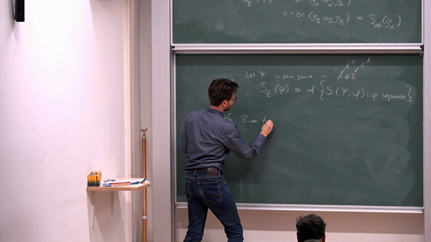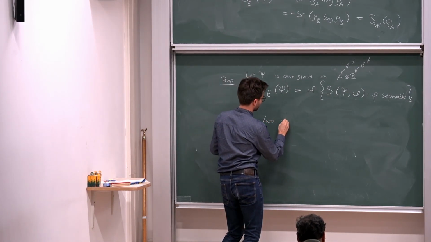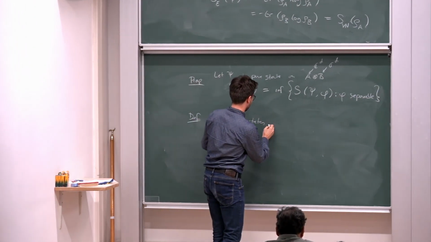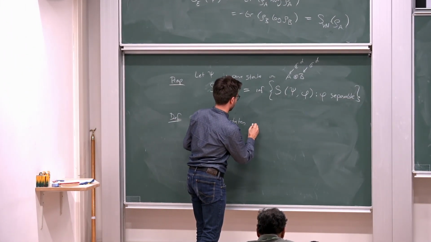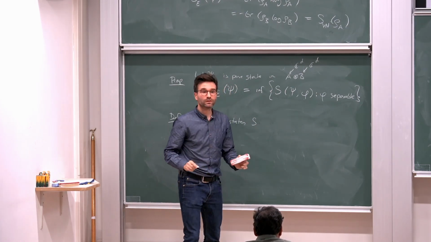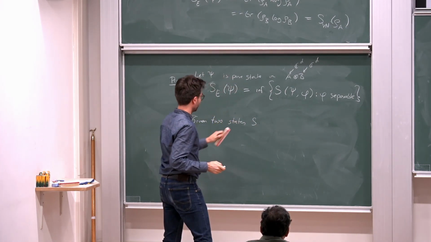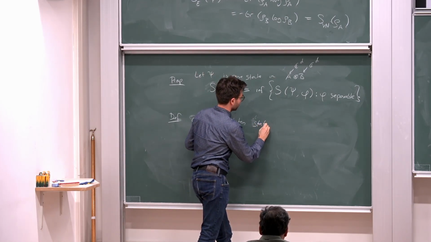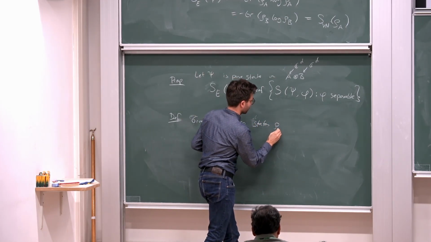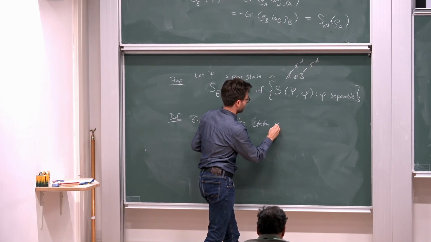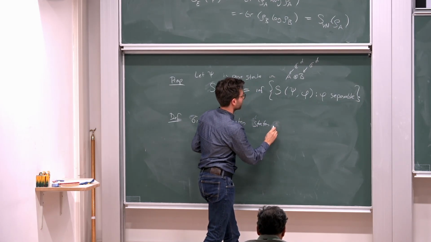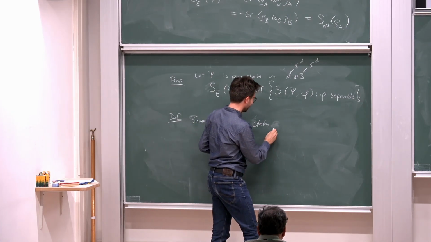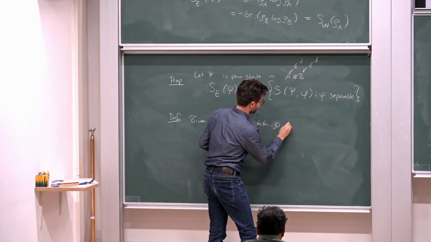Given two states, let's call them rho and sigma.